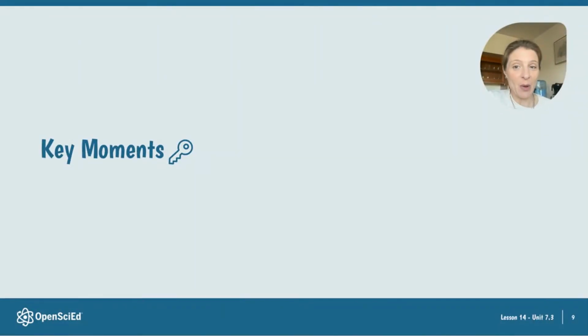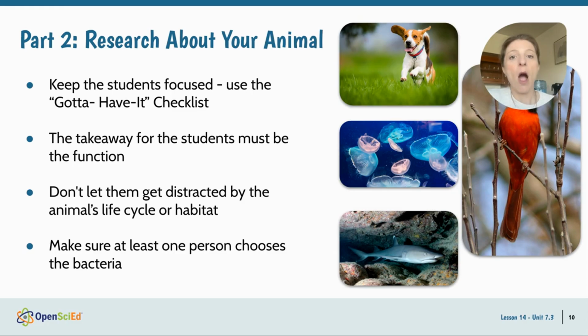Let's take a look at some key moments that we can really pinpoint in order to help keep this lesson moving and to help our students get through this lesson. Our first key moment comes in part 2. I'm going to call this the high-speed research. You really want to make sure to keep this no more than 15 minutes. The key is not letting the students get bogged down.